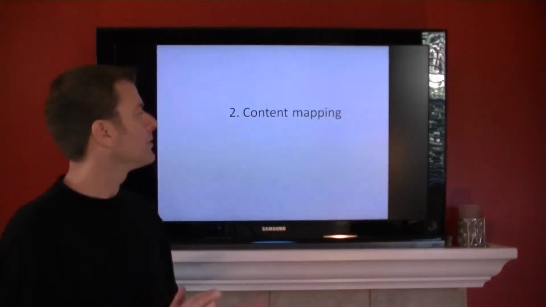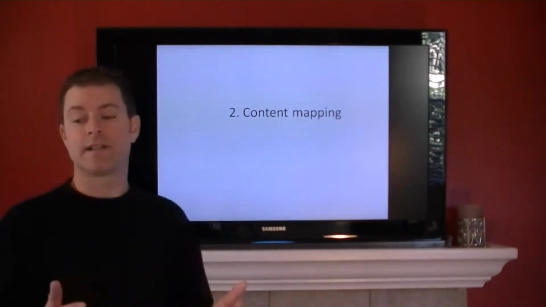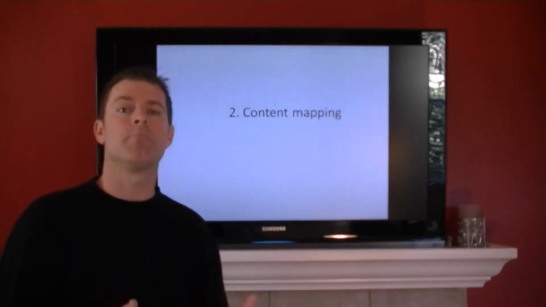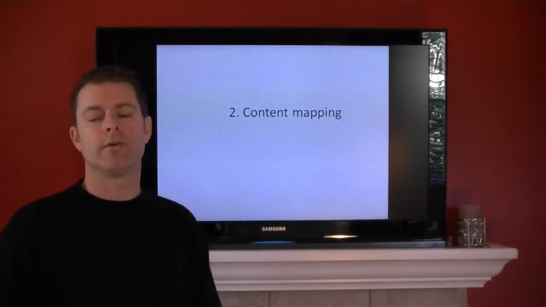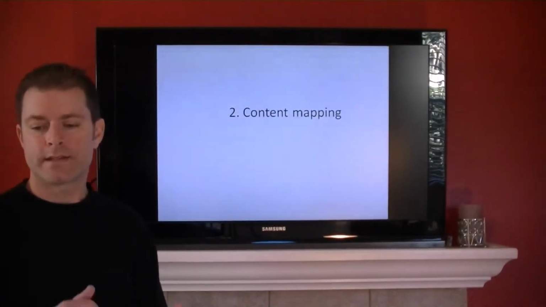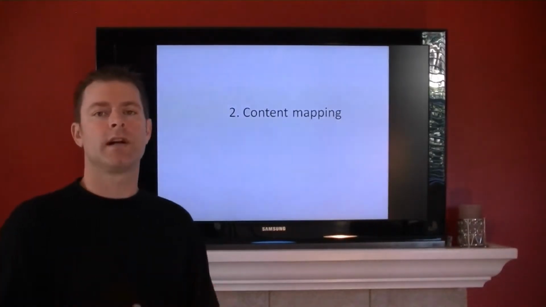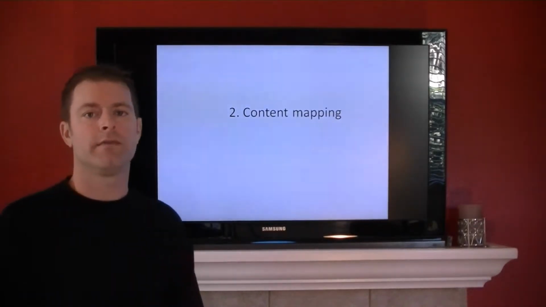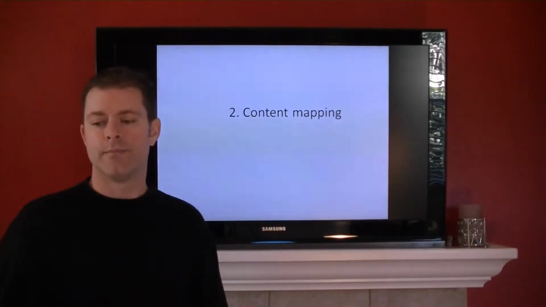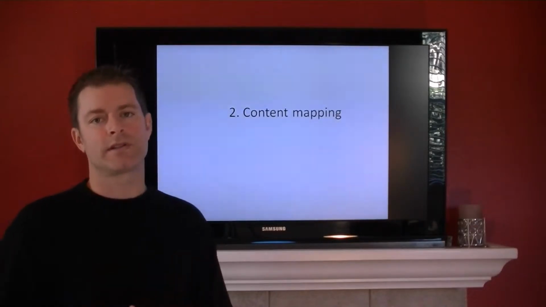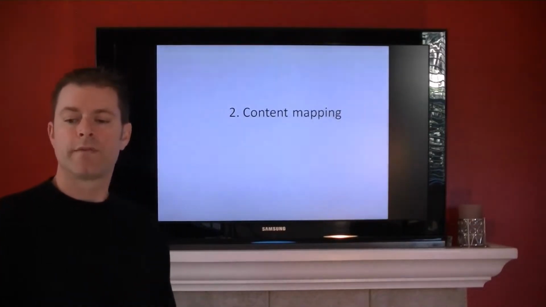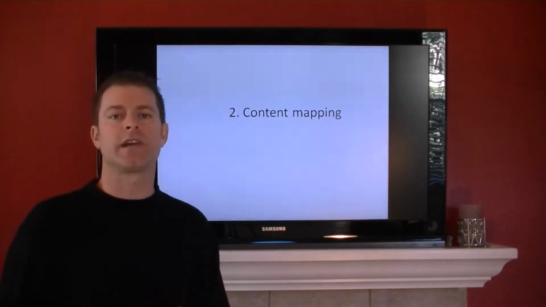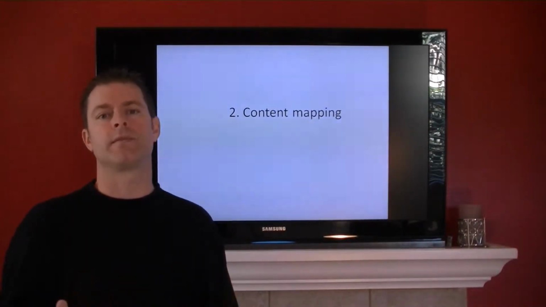Number two, content mapping. A lot of people don't know what content mapping is, and it's simply the process of listing or mapping all the pages that you will have on your website. This is a step that most companies either don't understand, don't recognize the importance of, and therefore leave out. But it is a very important step for a couple of reasons. First of all, it helps the designer understand what the focus of your website will be.